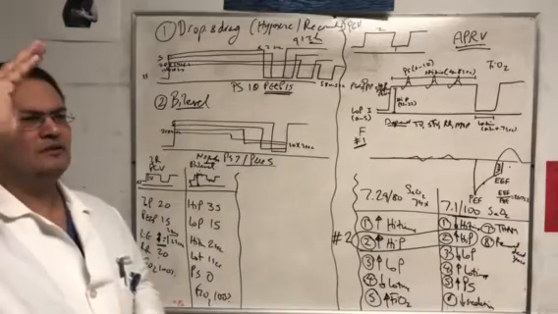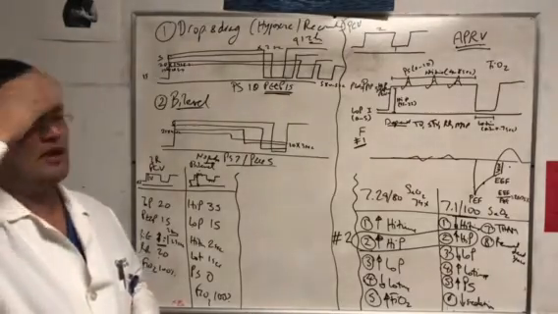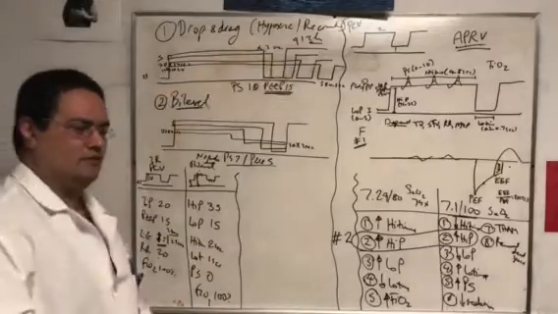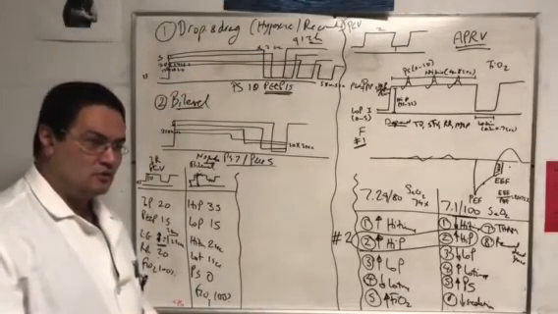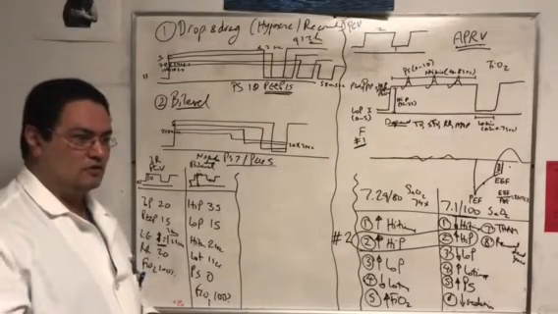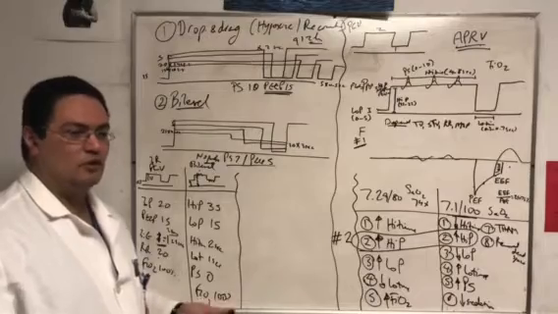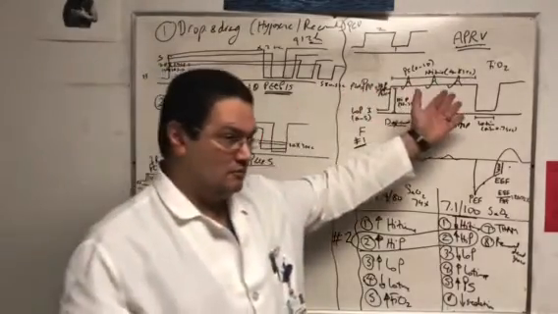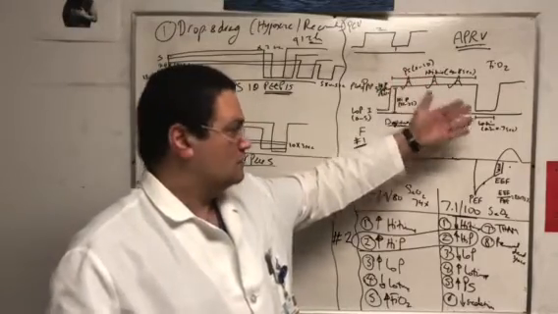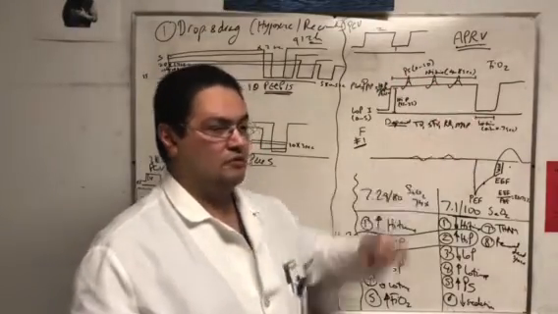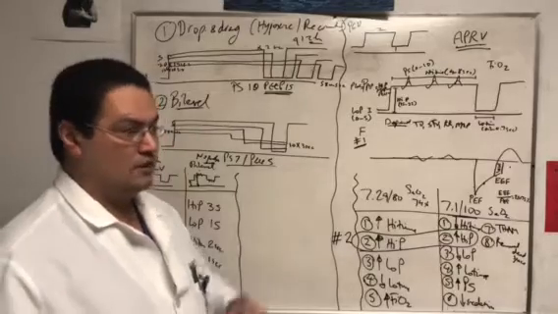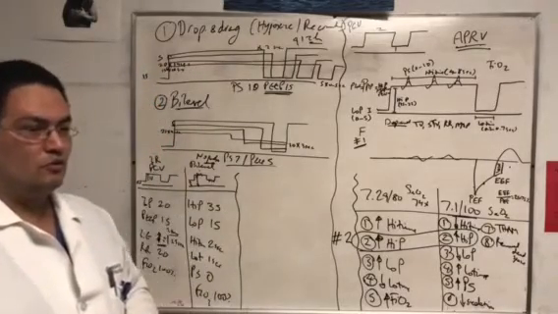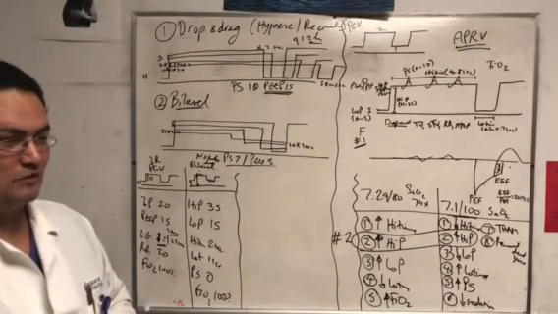So let's put her on that mode, what is it called? APRV. Put her on APRV. The respiratory therapist wants to be helpful, so he knows that you don't know anything about APRV, so he said, okay, I'll put her on APRV for you. So he put her on 6 seconds high time, 35 high pressure, 0.5 low time, and 5 low pressure. APRV. So what would happen to Professor Wild West?